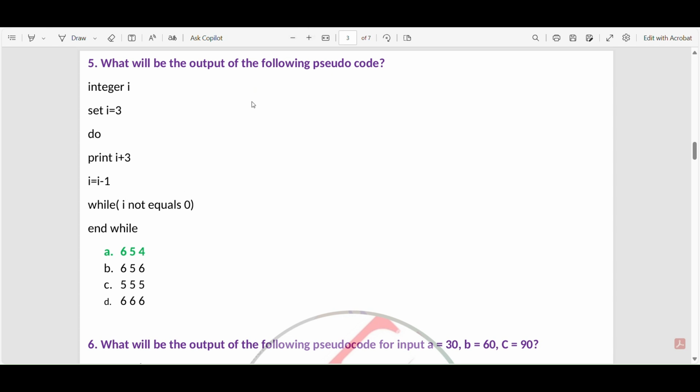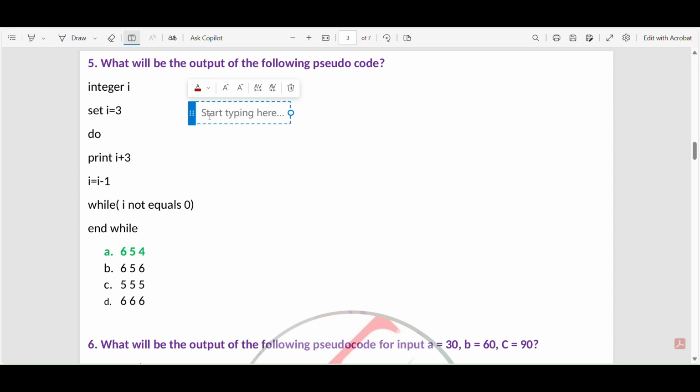So here we'll be doing, and finally we'll be checking that. Now let's go. We are having integer I with the value 3. First you need to do it and then check the condition. While we do it, we are having print I plus 3. What is the I which is given here?